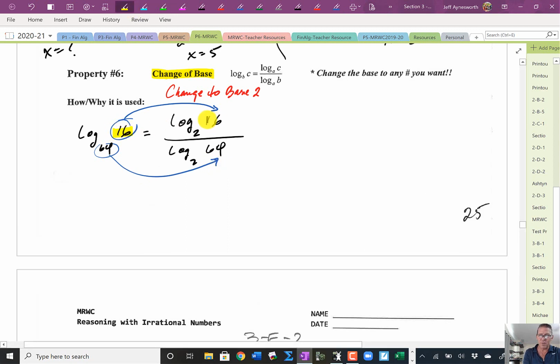Color coding, here we go. So notice that I picked base 2. I'll pick base 4. I'll do it differently, and I'll get the same result using another base. But doing it this way is doable because I know that 2 to the 4th power is 16, so this is 4.